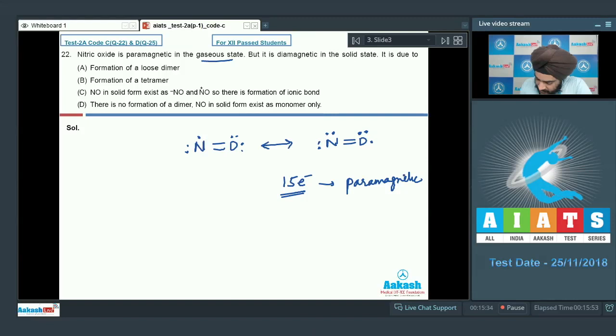in the gaseous phase. But the examiner further tells us that it becomes diamagnetic in the solid state. So students, what happens is in the solid state, it forms a dimer. So due to formation of that dimer, the electrons in the odd electron molecule get paired up and hence the paramagnetism is lost and the dimer becomes diamagnetic.